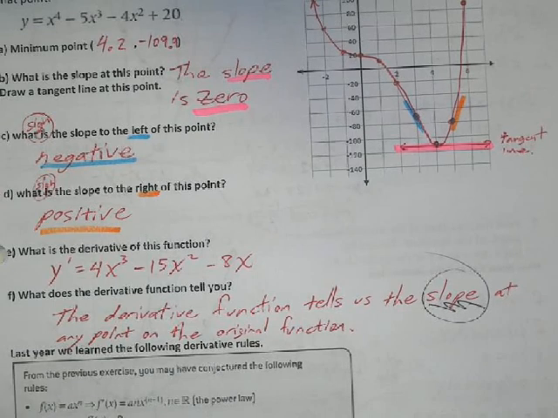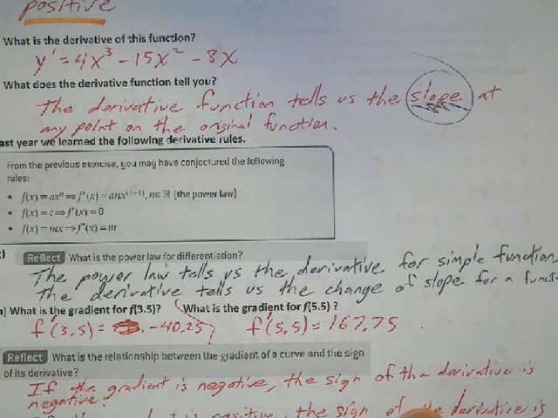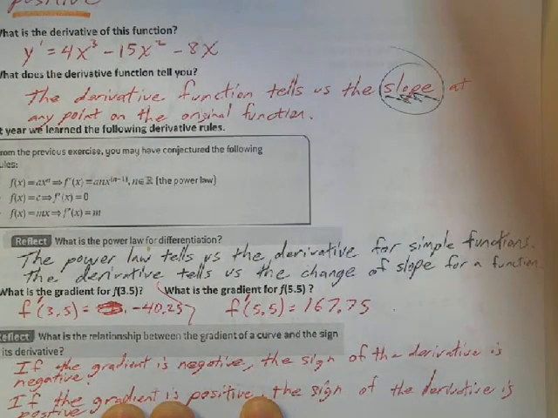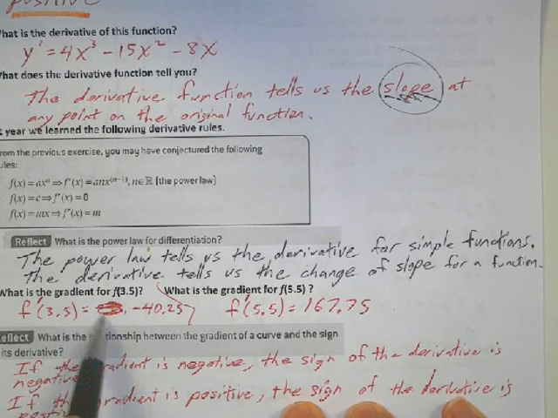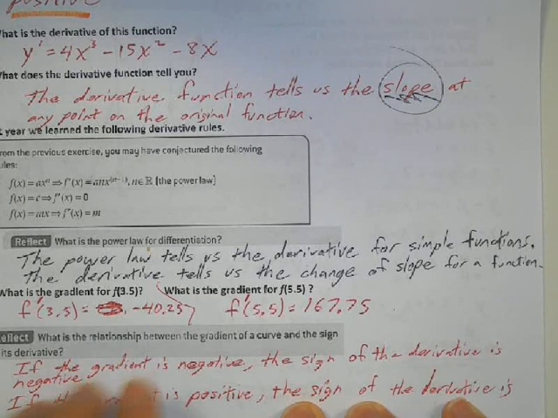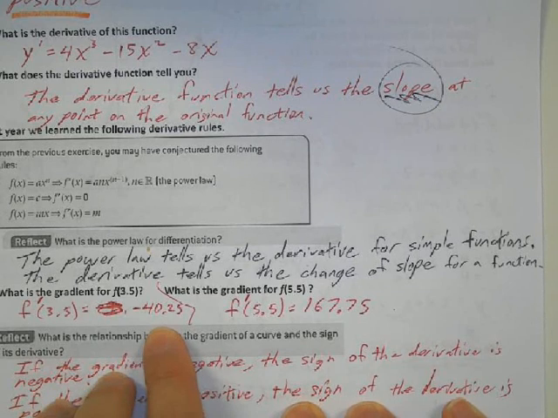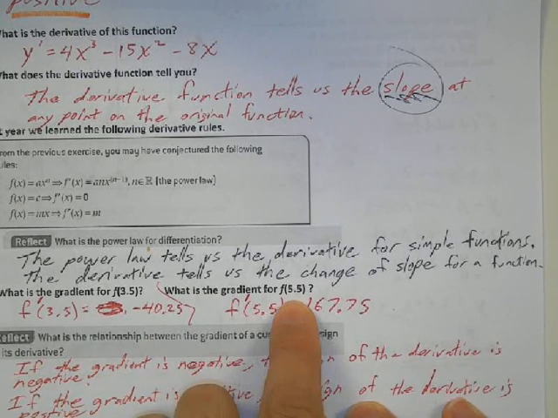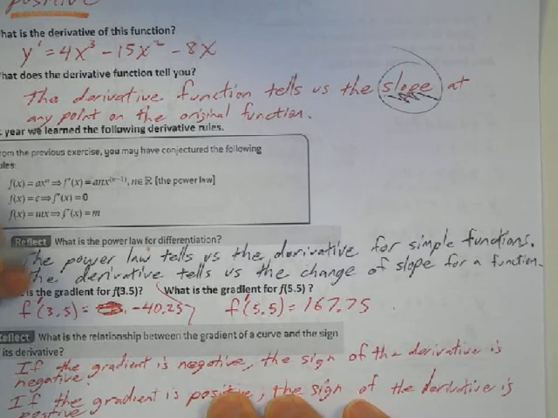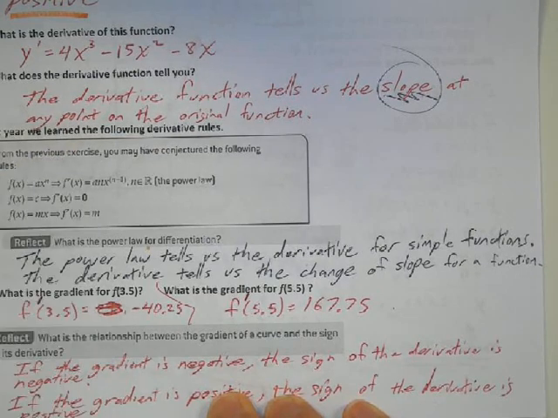Here is the formula for power law. If I plug in 3.5 into my derivative formula, I get a negative value. If I plug in 5.5, I get a positive value.